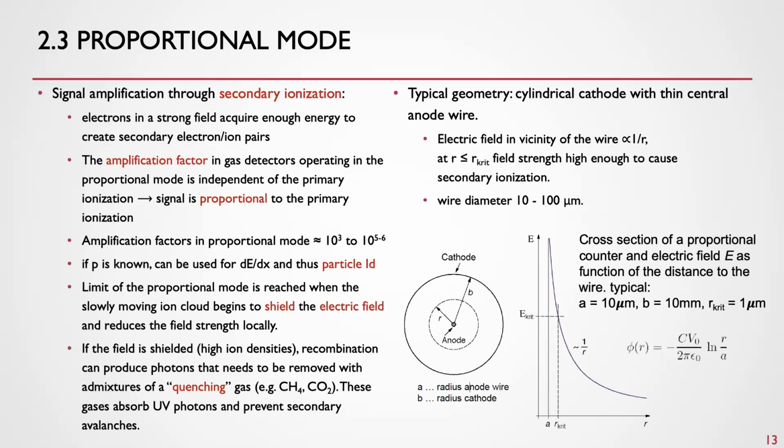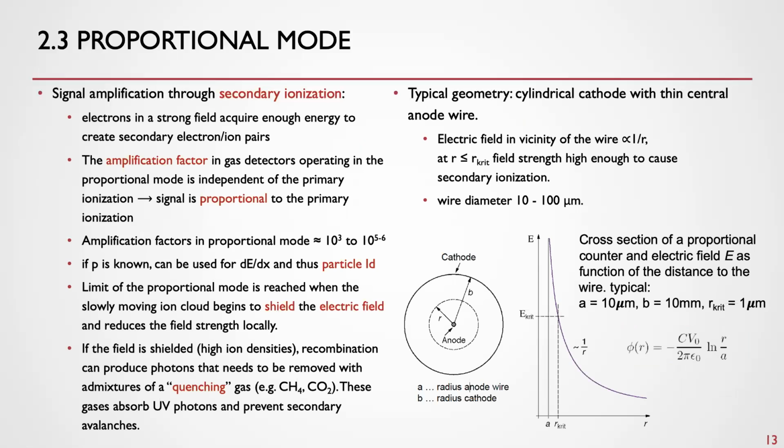First of all, we've discussed, and I think you know, that the potential in a cylindrical configuration with a wire at the origin is the logarithm of r. If you differentiate this, E becomes proportional to 1 over r.